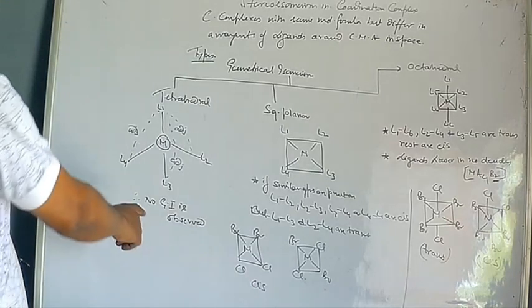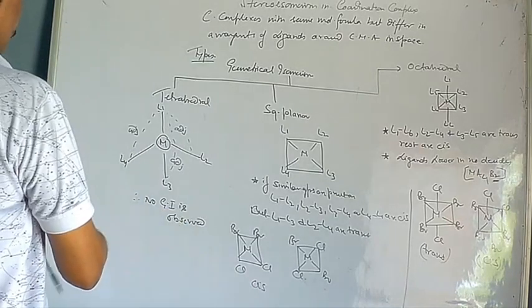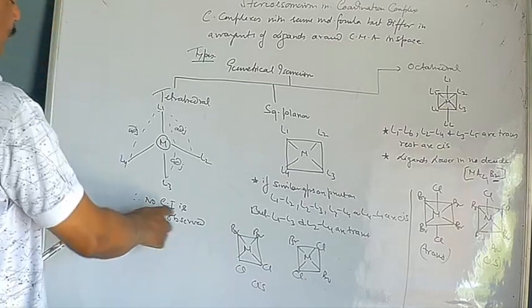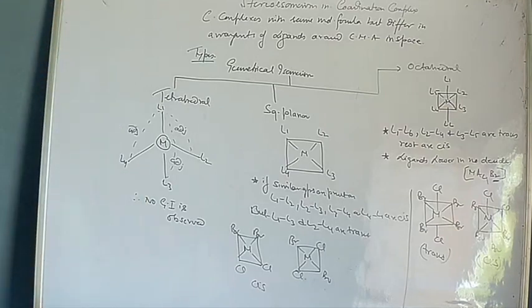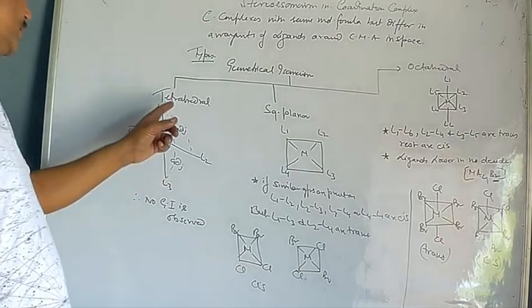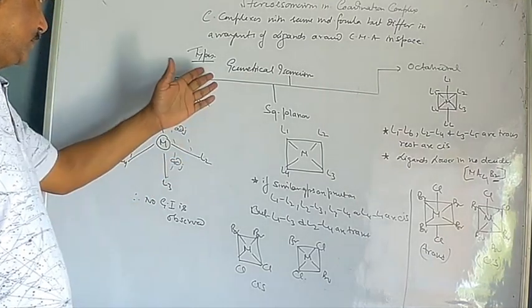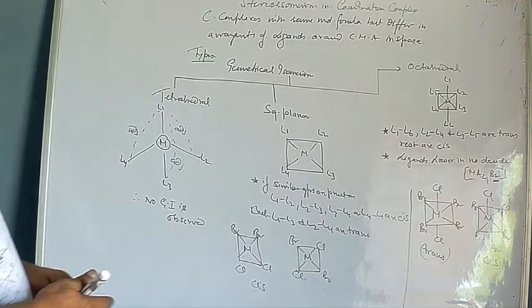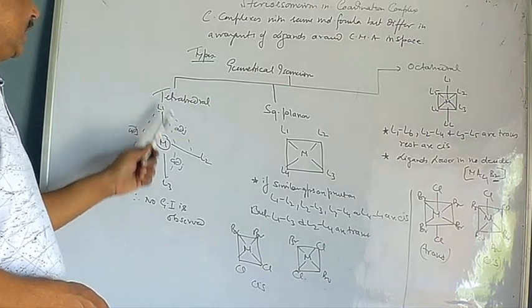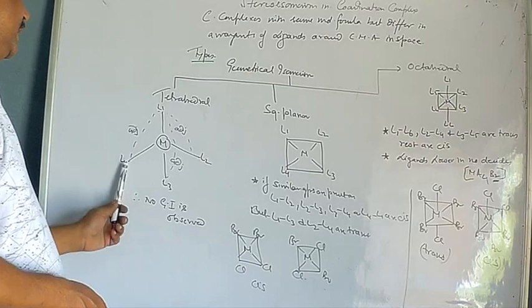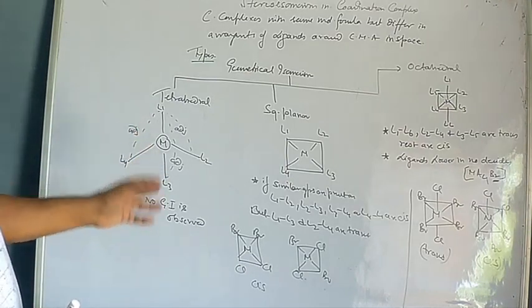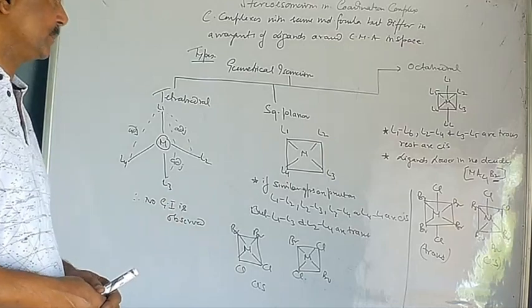Therefore, geometrical isomerism is not observed. So class, in tetrahedral geometry of coordination complexes, we find that all ligands have similar positions adjacent to the central metal atom. Therefore, no geometrical isomerism is observed.